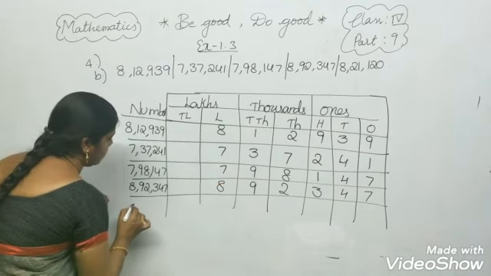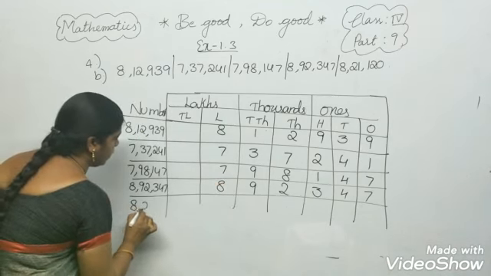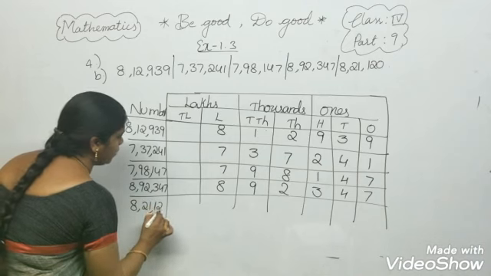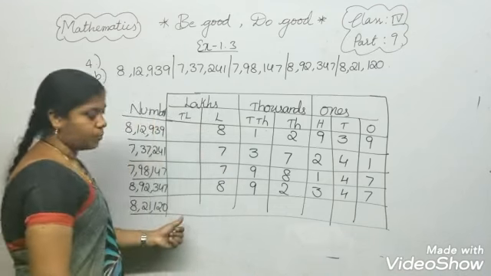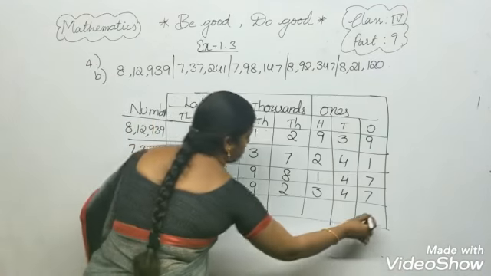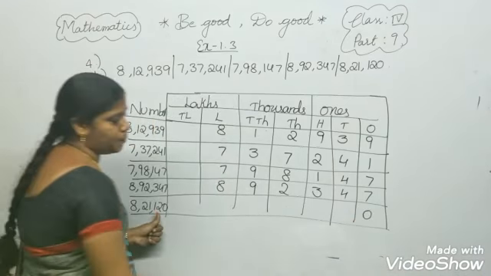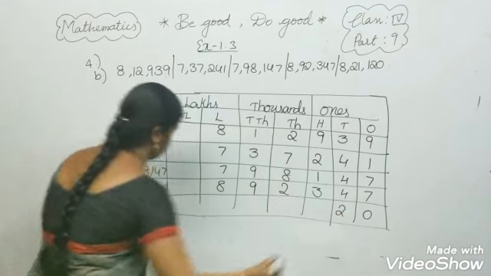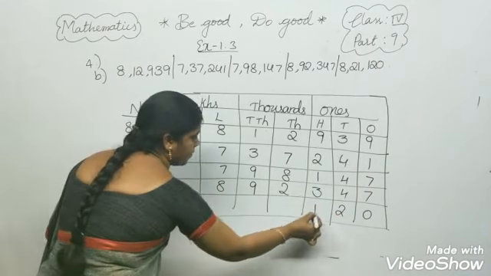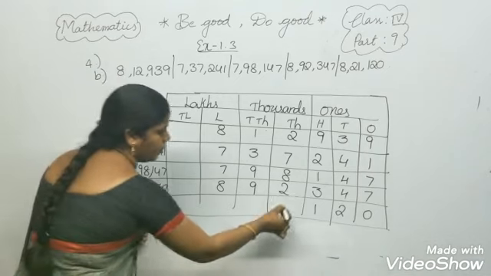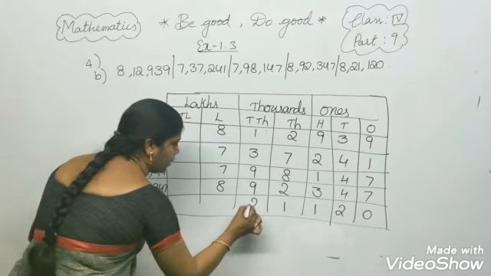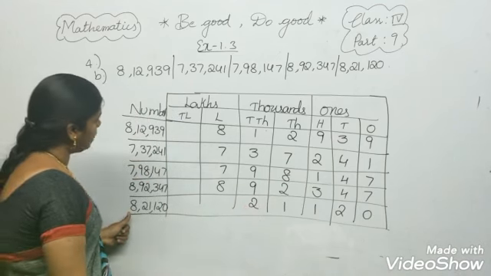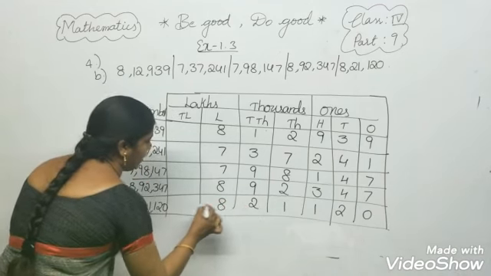Now the last number, 8,21,120. What is in the ones place, children? 0. The tens place 2, hundreds place 1, thousands place 1, 10,000s place 2, and in lakhs place 8.